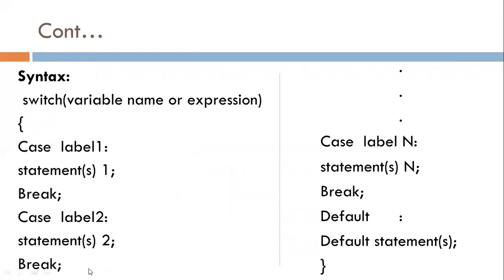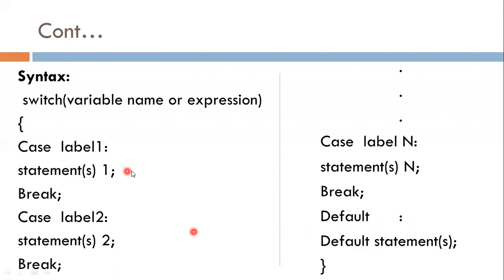Now the syntax of the switch statement is: switch, in brackets the variable name or expression, then open curly bracket and at last close curly bracket. In between these curly brackets, write a case for each and every possibility. So write case label 1, then colon, case label 2, then colon, case label n and colon, and at last default colon.